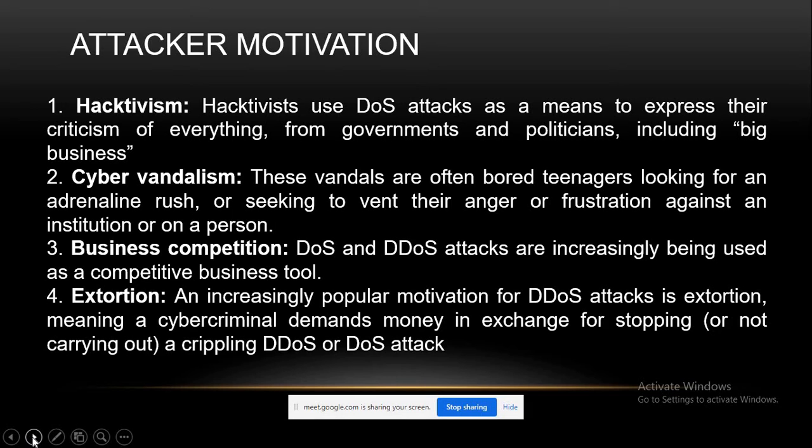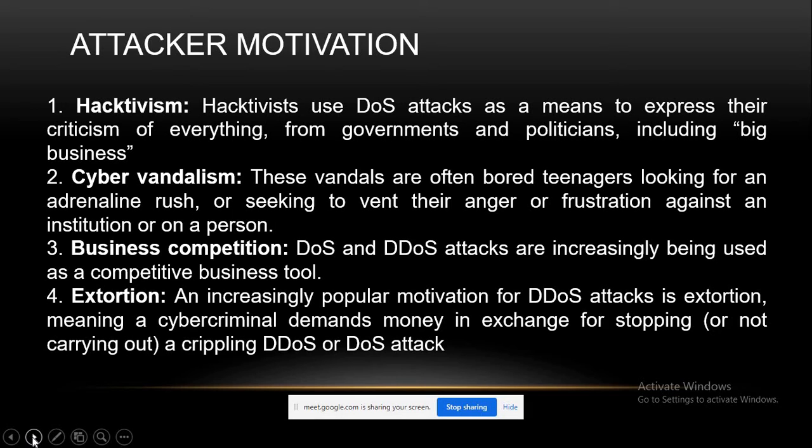I am explaining attacker motivations. Activism. Activists use DOS attacks as a means to express their criticism of everything from government or political issues, including big business. Cyber vandalism means these vandals are often bored teenagers looking for an adrenaline rush or seeking to vent their anger or frustrations against an institution or person.